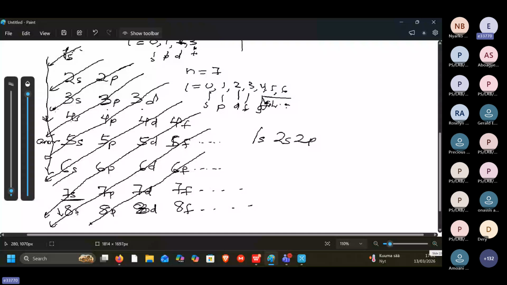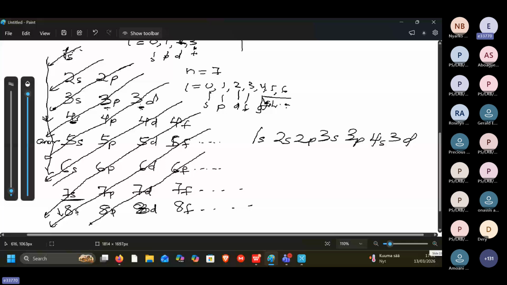After 3s, I'll come to 3p. Now, instead of going to 3d, the 4s is lower in energy than the 3d. So after my 3p, I'll come to 4s, then I'll come to 3d. Then after 3d, I'm now going to go to 4p and then 5s.